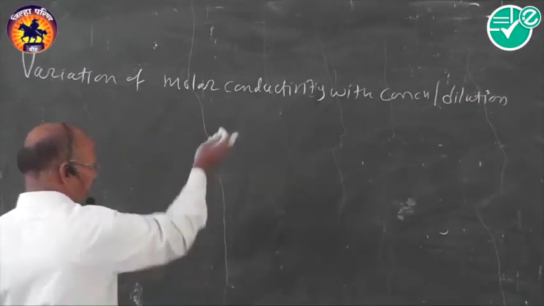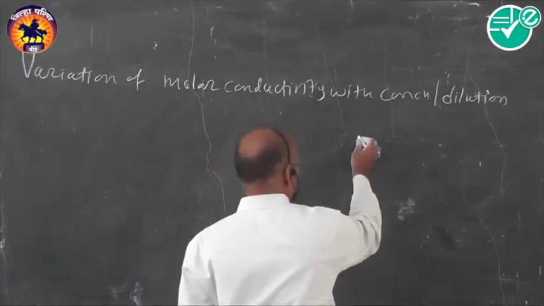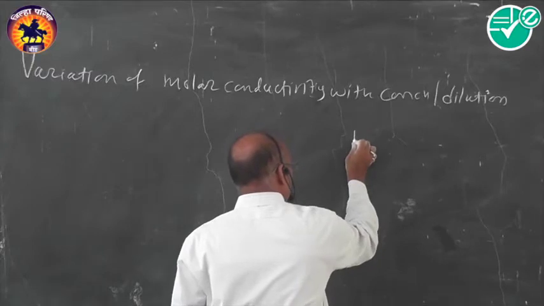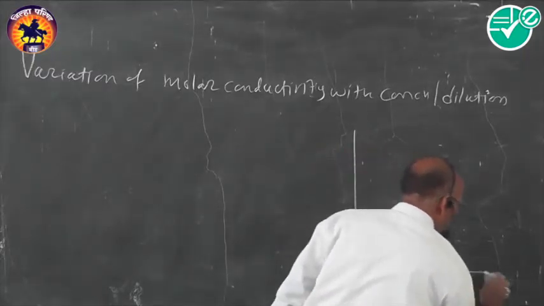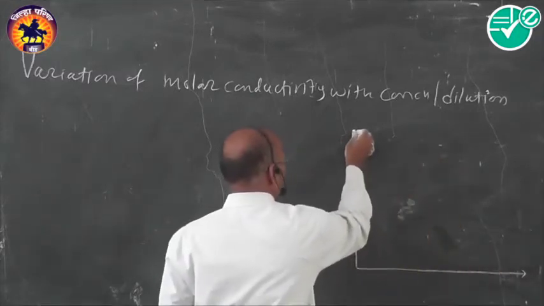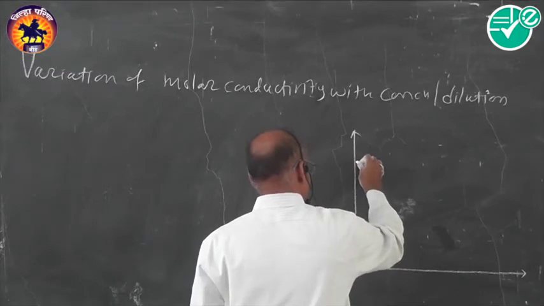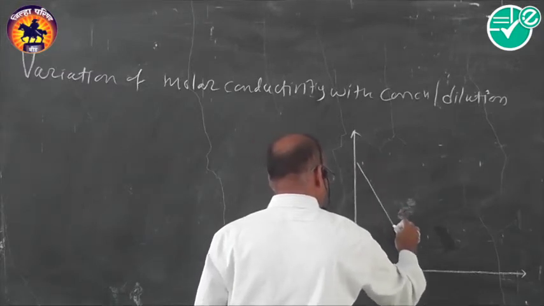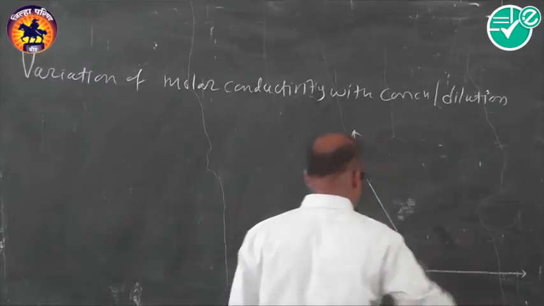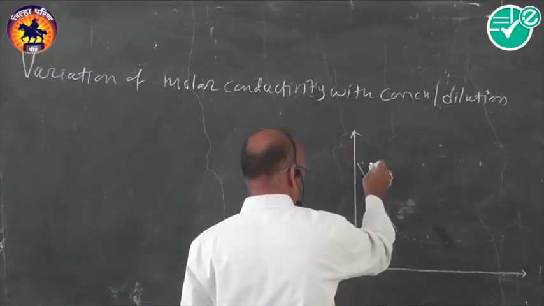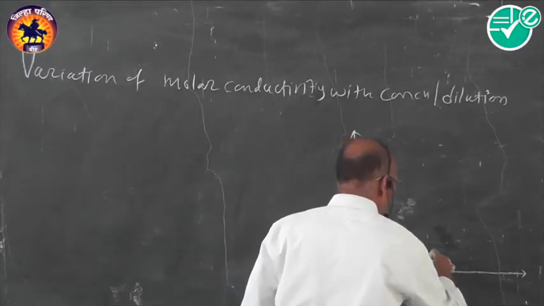Now see, we have to study here this one. For our explanation, we have a graph. We have a nice figure now. With the help of this one, we can make the better explanation.